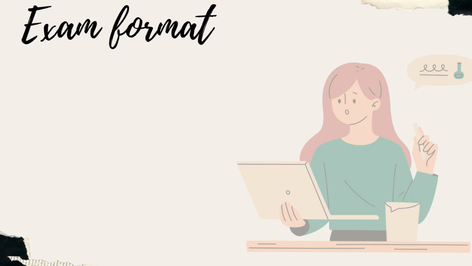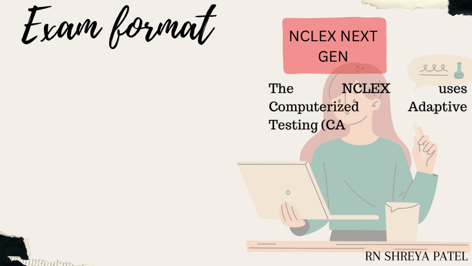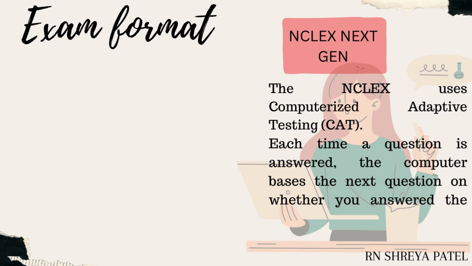Now let's talk about the exam format of the NCLEX and how NCLEX works. So NCLEX uses computerized adaptive testing. Every time a question is answered, the computer will base the next question on whether you answered the previous question correctly or not, which means if you answer the first question correctly, then your next question will be a little bit of higher difficulty.